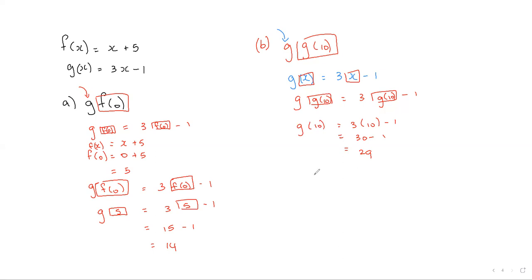So in this, where I had g of 10, I could replace it with the value of g of 10, which is 29. So this will become 3 times 29, and I got 87 minus 1. So that will be 86.